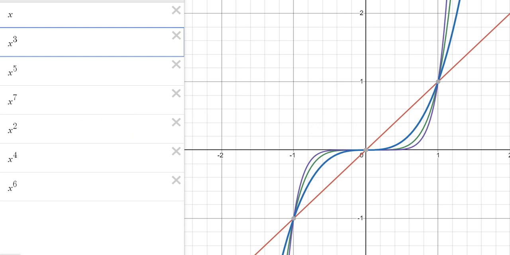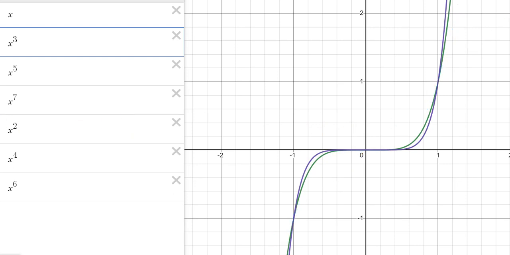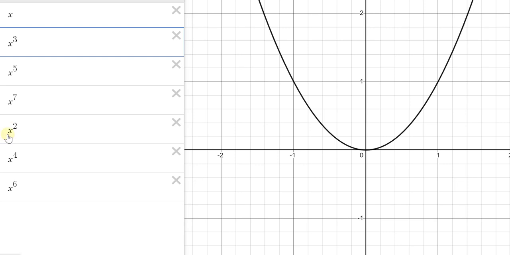Now, I'm going to remove these. And let's take a look at those with even powers, x squared, x to the 4th, x to the 6th. Well, x squared was one that was in our library of functions, right? Remember, we talked about the basic parabola. That was back in chapter 2. Okay. Now, there you go.